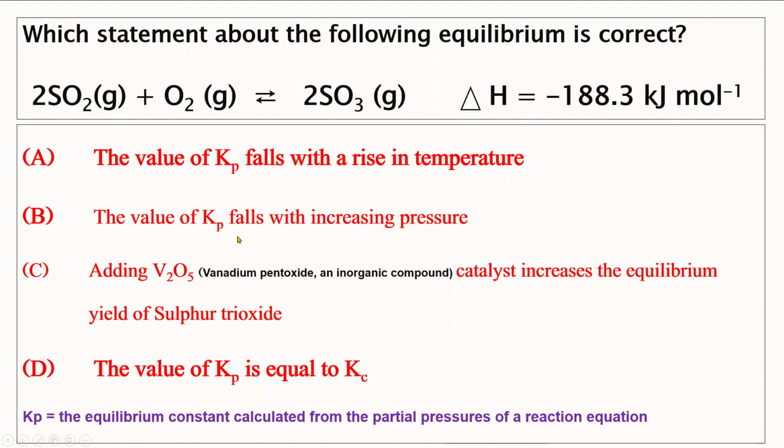The value of Kp falls with increasing pressure. Adding V2O5, vanadium pentoxide, an inorganic compound, as a catalyst increases the equilibrium yield of sulfur trioxide. The value of Kp is equal to Kc. Correct option is A. The value of Kp falls with the rise in temperature.